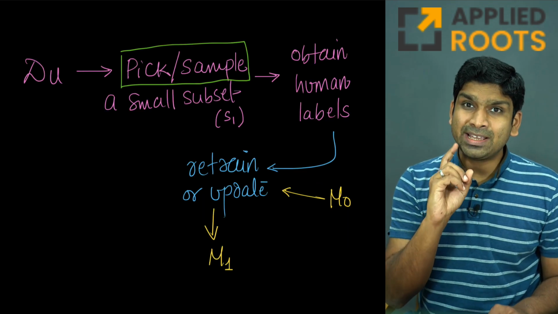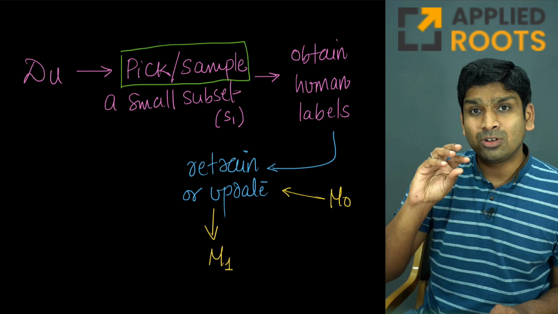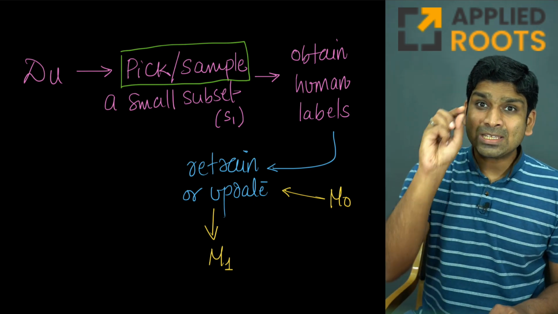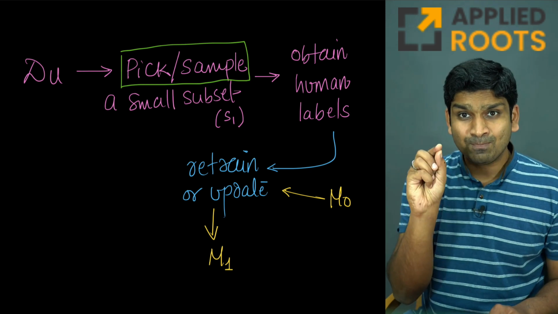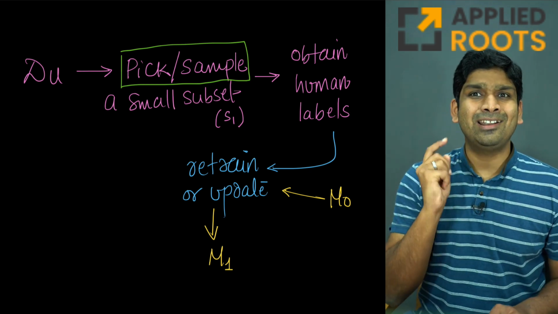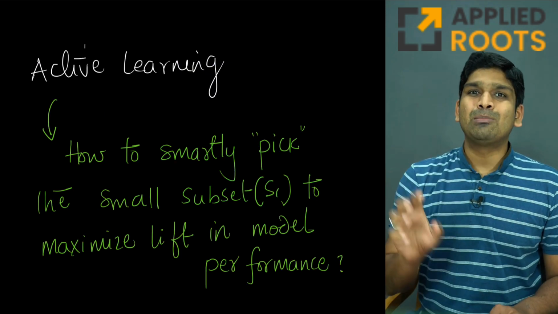Just to quickly recap, M1 is the model that you have newly trained based on the small subset S1 that you picked and got manually labeled, along with your earlier data and earlier models. This is the problem of active learning.